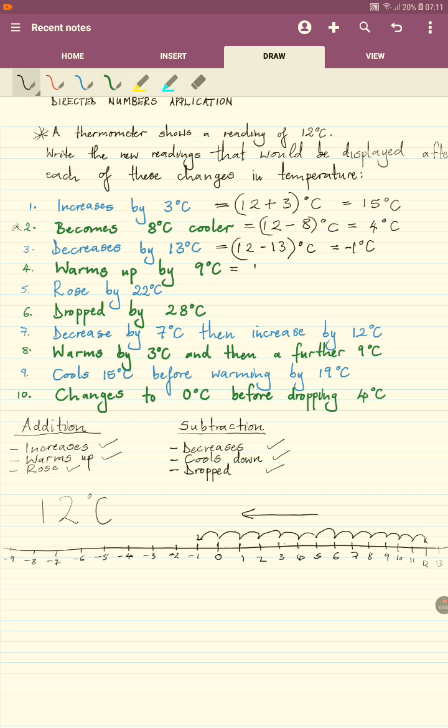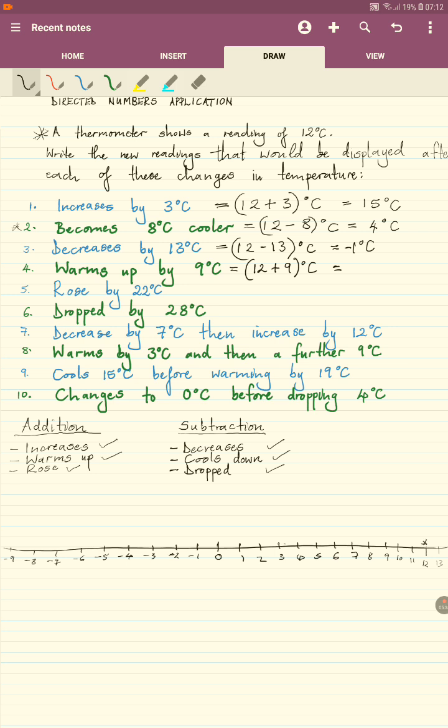And number 4 says warms up by 9 degrees, which means we are going up, and that is addition. We are adding 9 degrees to 12 degrees Celsius. So if you also want to do it on the number line, it's simple. You just come to 12 on the number line, which is here.